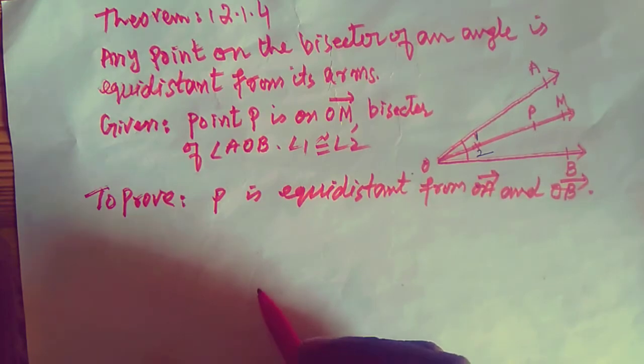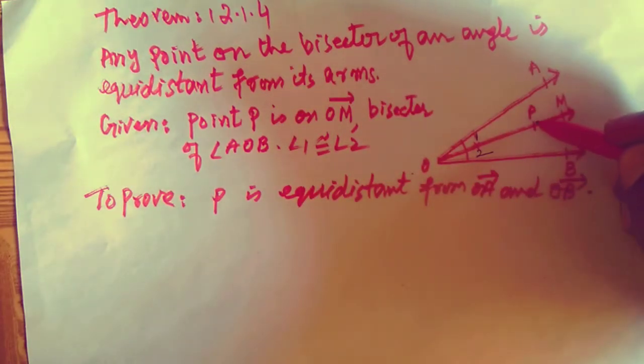It can also be written as P is equidistant from its arm OA and arm OB.